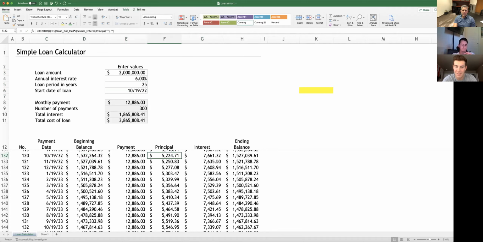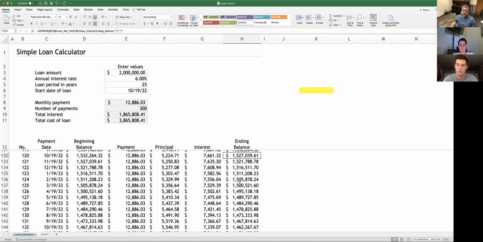So all of a sudden, here's the principal and interest and how much is due at that time. Started with 2 million. How much is due now? 1.5. Yeah, so $1,527,039.61, right? So that loan is going to mature or balloon or term out in the 10th year.